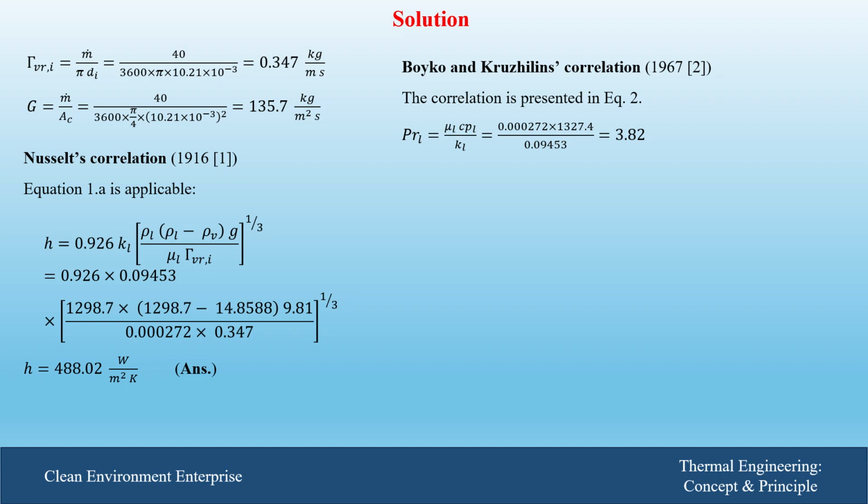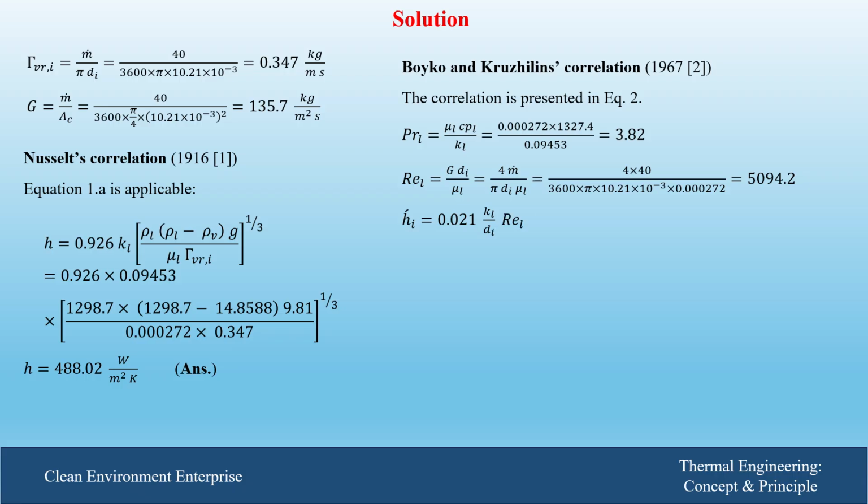It corresponds to 3.82, and then we have rho liquid, the Reynolds number for the mass as a liquid when we consider all the vapor converted to liquid. Then we have G as the mass flow rate divided by the cross-section area, and if we substitute the values, then our Reynolds number sub L equals 5094.